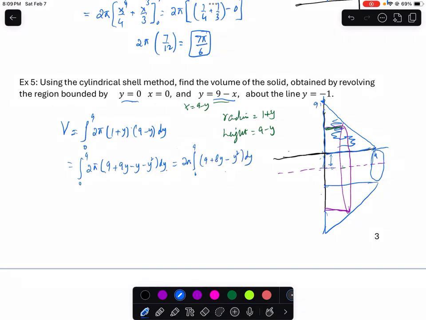So 2 pi times 9y plus 8y squared over 2, which means 4y squared, minus y to the 3 over 3, from 0 to 9.